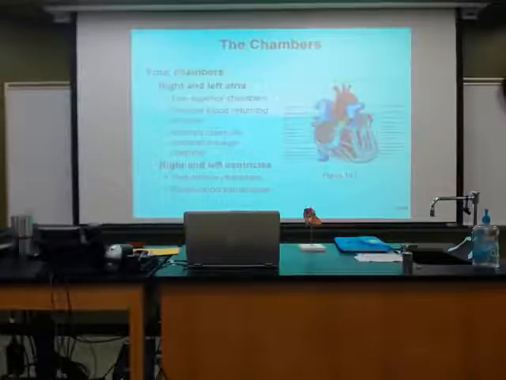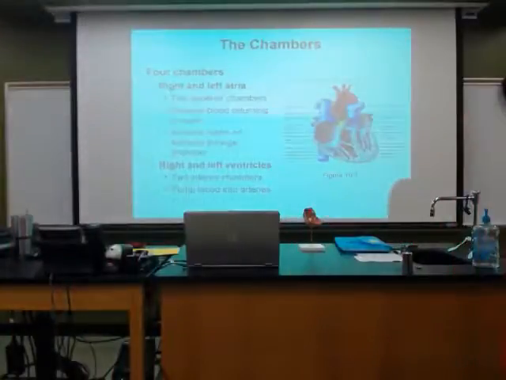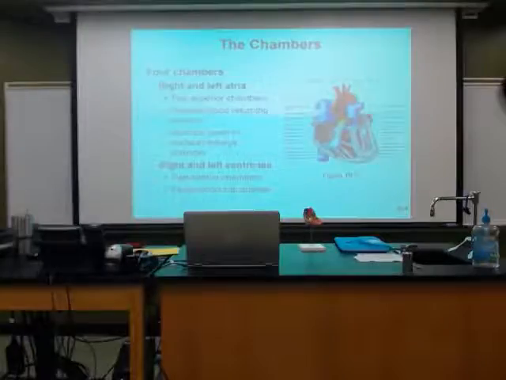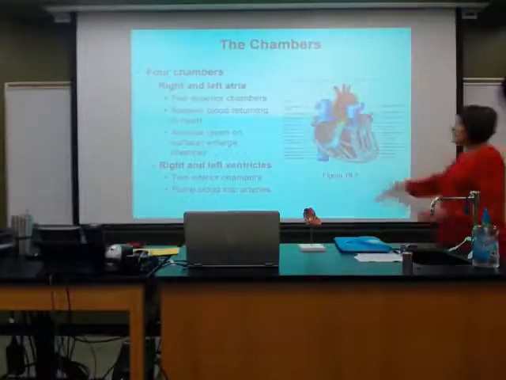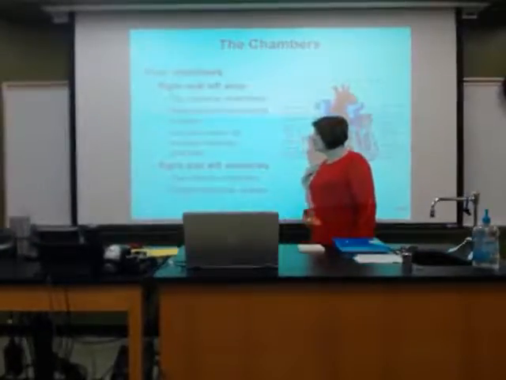Right atria, right ventricle, left atria, left ventricle. And just think of AT, atria on the top, ventricles on the bottom. So AV, just look at it that way. The atria receive the blood, ventricles push the blood out.